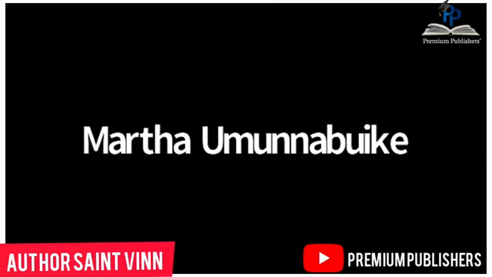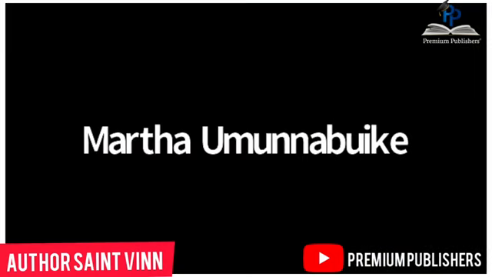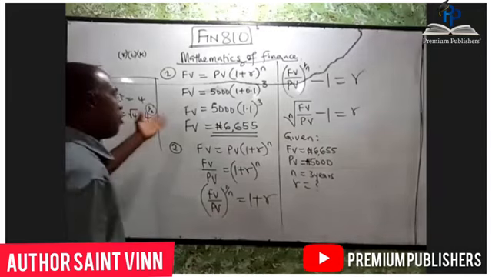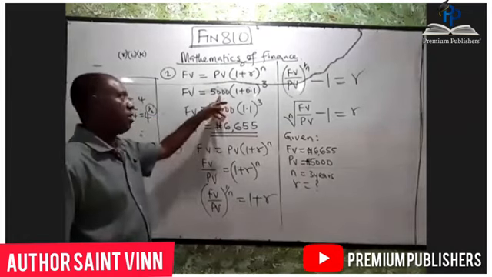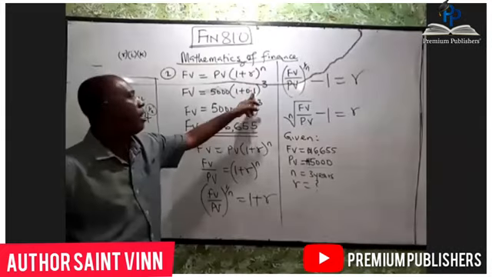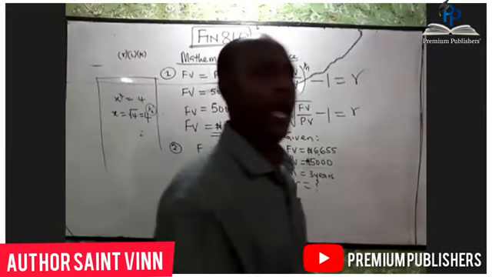Okay. So that statement relates to question 1. That's the solution to question 1: future value we're looking for, present value 5,000, interest rate is 10%, which is 0.1, and number of years 3. We now apply the formula and get the result. Is it clear?